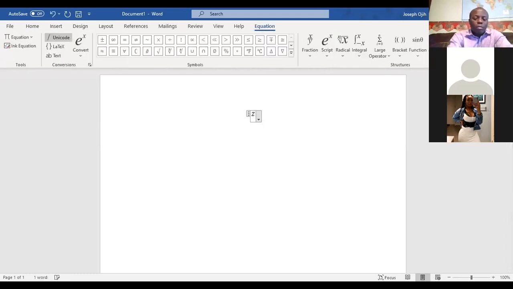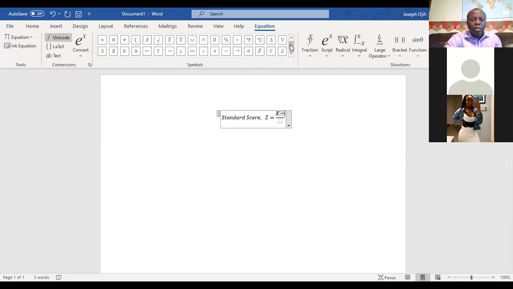The z-score, or standard score, is given by z equals x, which is the data value, minus the mean.